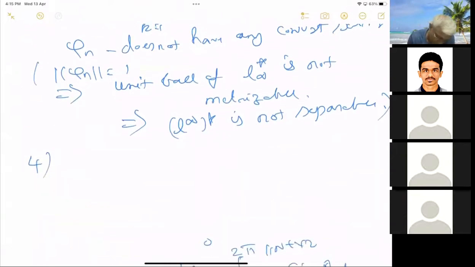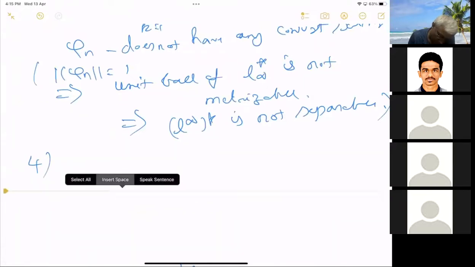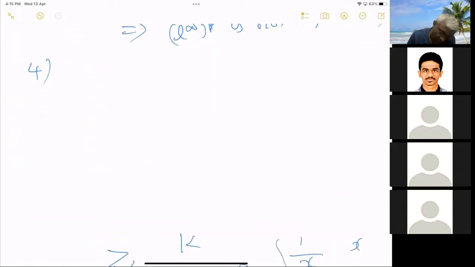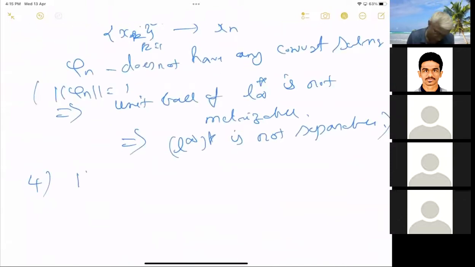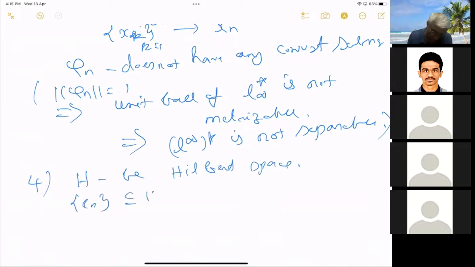Then the fourth assignment. Let H be a Hilbert space. We always take a separable Hilbert space. en is an orthonormal basis.